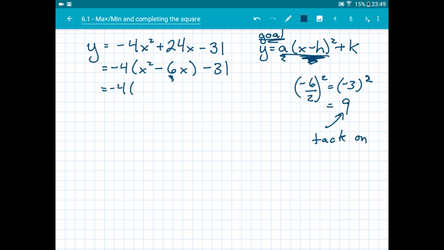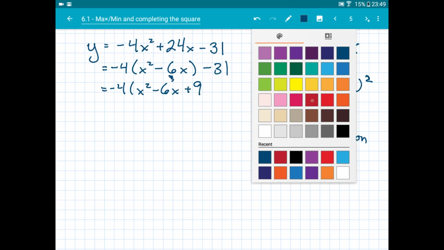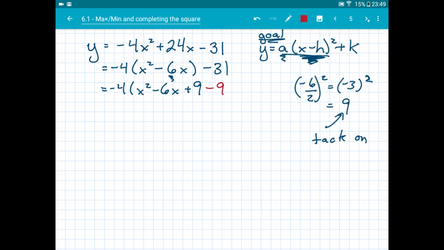So minus 4 x squared minus 6x plus 9. But, and again, I'm going to put this in red because it's so important and it's the thing that people forget to do. You have to take that 9 away because you have to do effectively nothing. This part here is a perfect square trinomial now. So you're going to be left with minus 4. Use those big square brackets. This is going to be x minus 3 all squared. And don't forget about that minus 9.